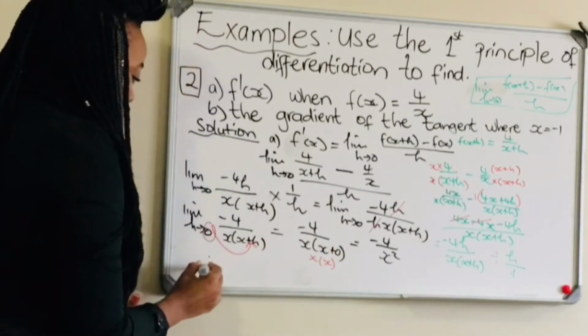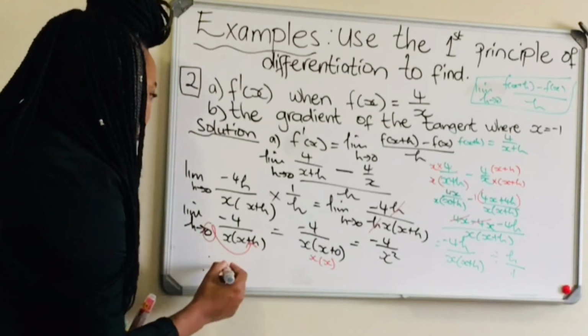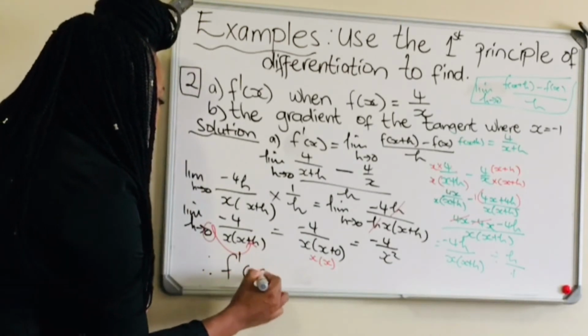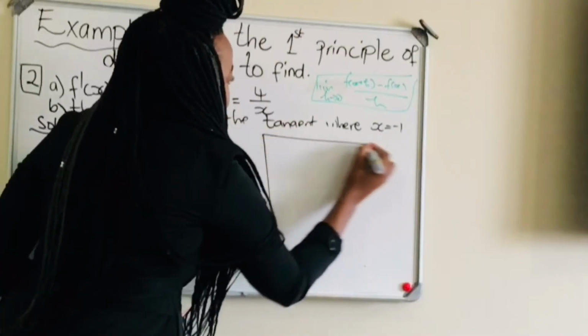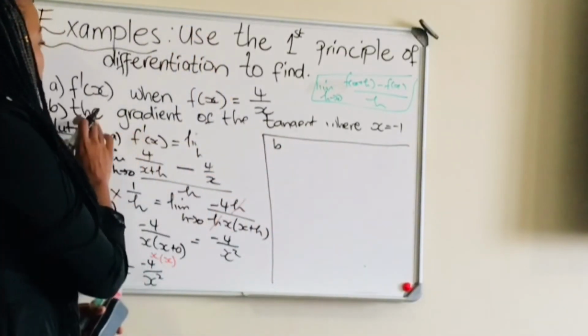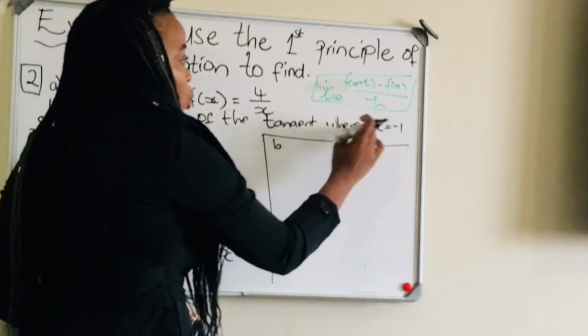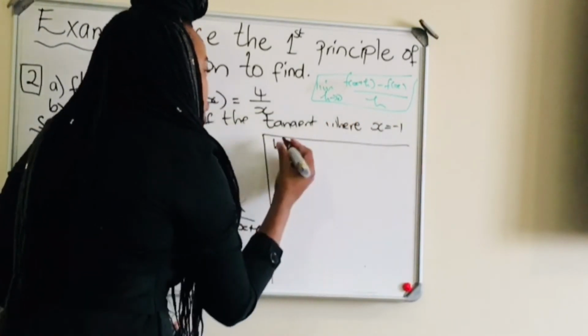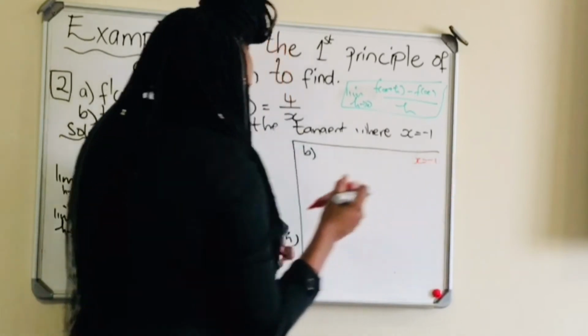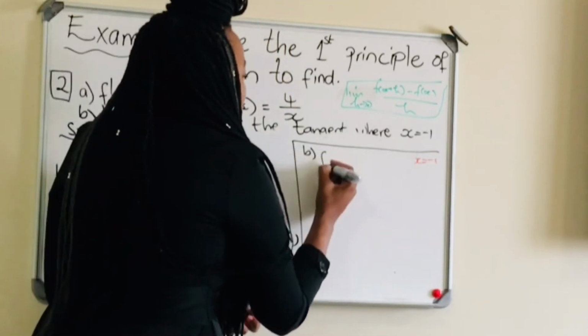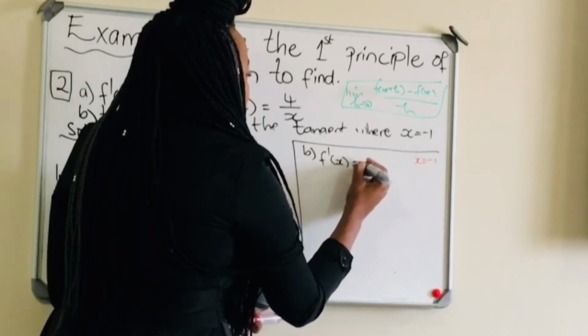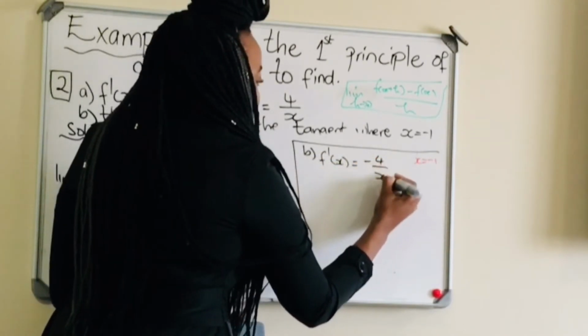So therefore we can conclude that f prime of x is equal to negative 4 over x squared. So in B, they said find the gradient of the tangent where x is equal to negative 1. So what is that going to be? Now we know f prime of x is equal to negative 4 over x squared, right?